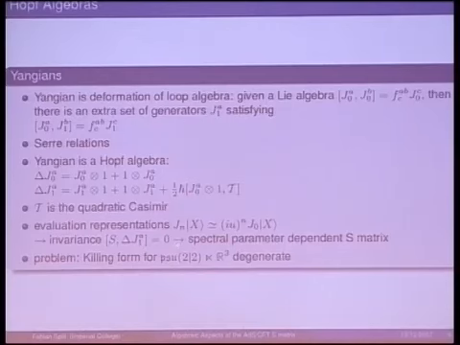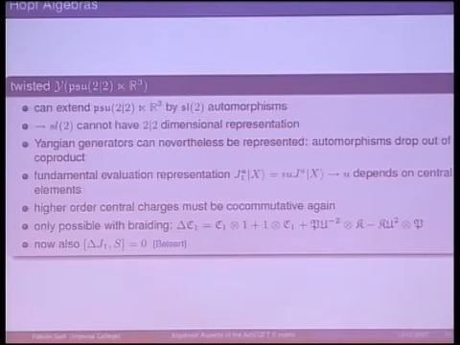I don't want to talk about the technicalities. The point is that the Yangian is still here after some appropriate modifications. So you have this extra set of generators, and you need to do some modifications again to get a co-commutative Yangian.